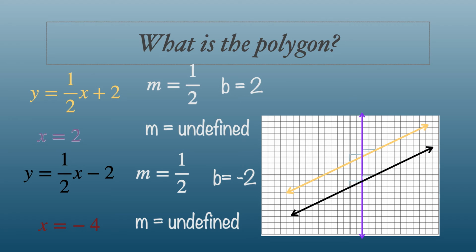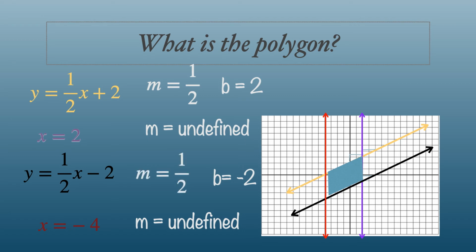And there we go. And now the last one is a vertical line at -4. So now I have made something in between these lines, and it is a parallelogram. So the polygon that I drew was a parallelogram.